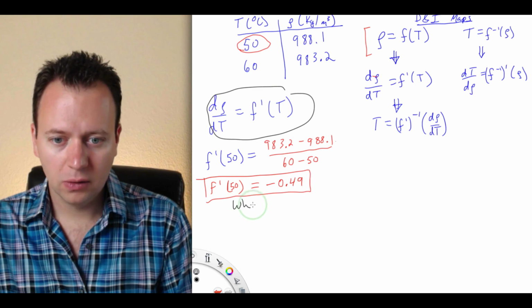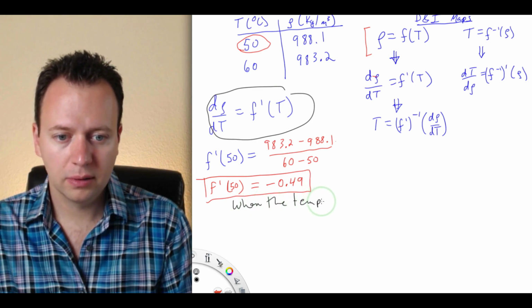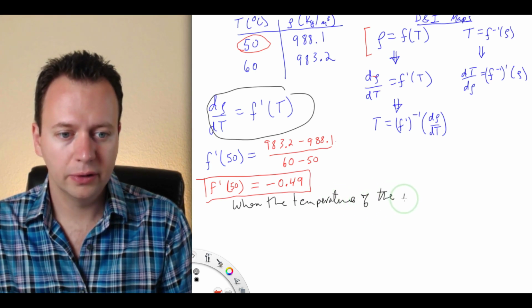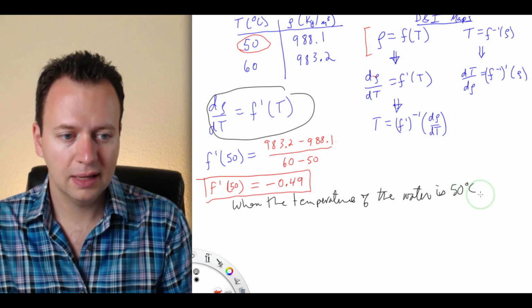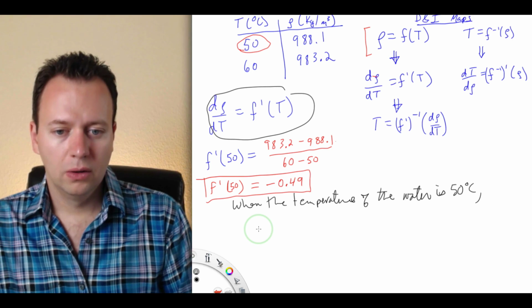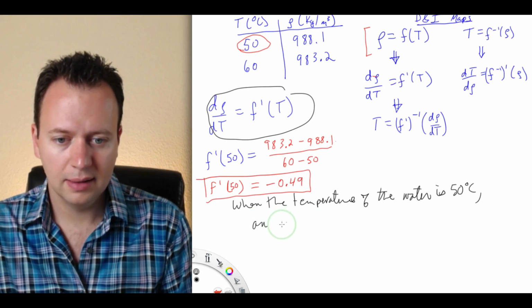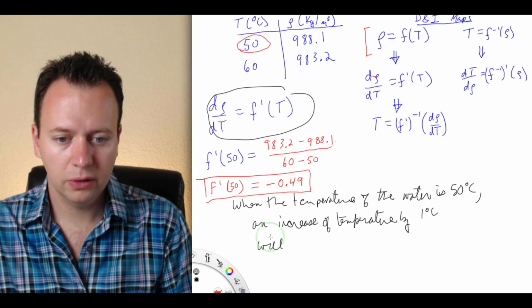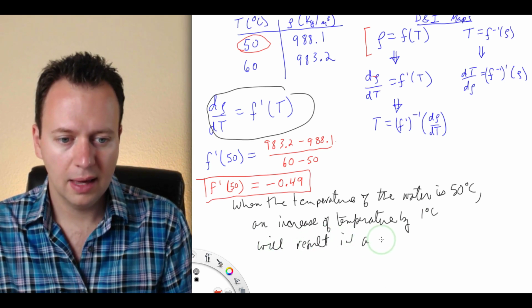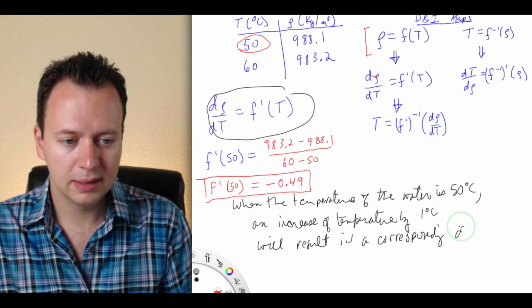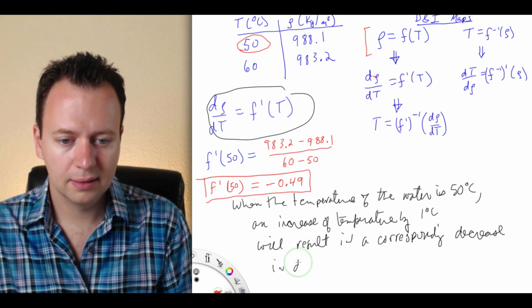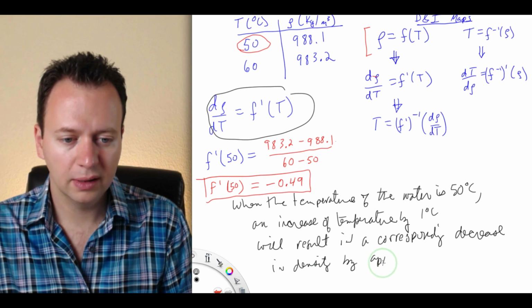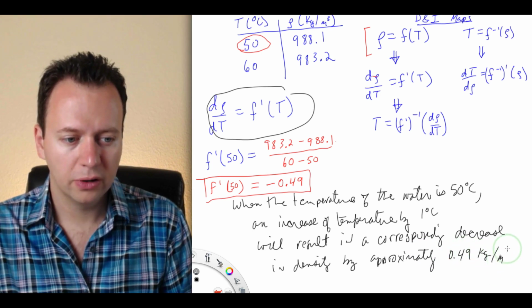So we can start off by saying, when the temperature of the water is 50 degrees Celsius, basically an increase of temperature by 1 degree Celsius will result in a corresponding decrease in density by approximately 0.49 kilograms per meter cubed.